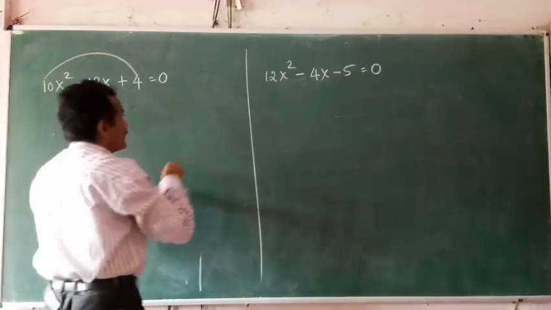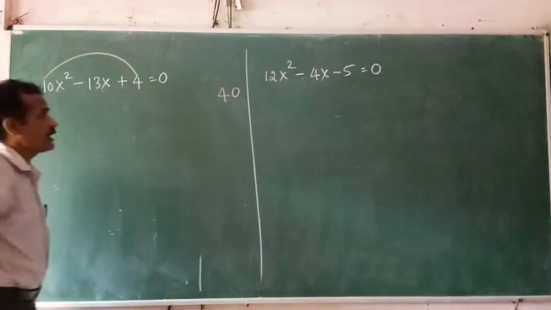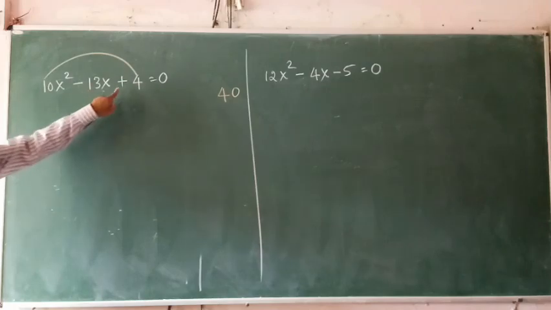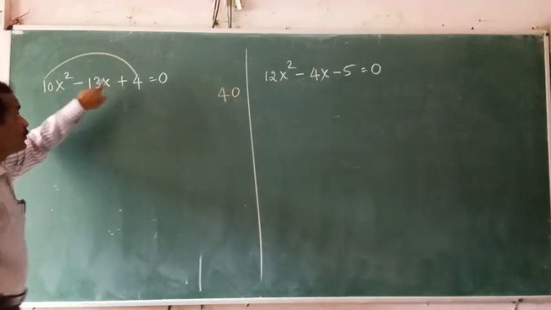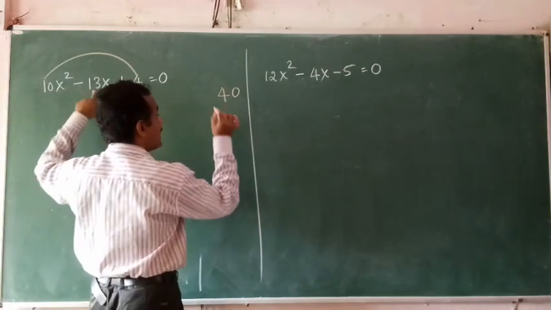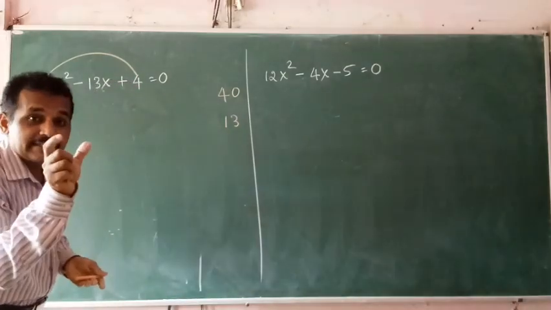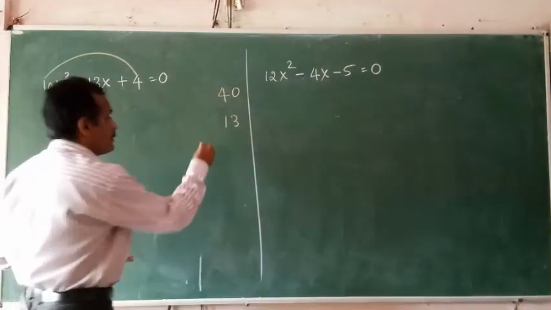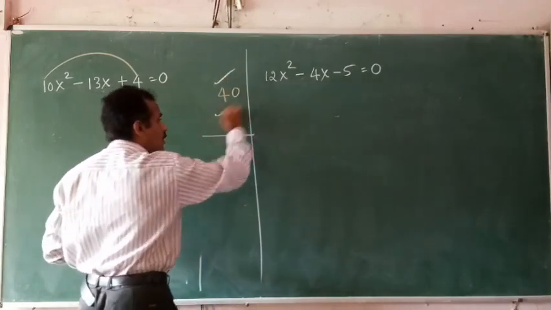On multiplying, you should get 40. And on adding, you should get 13. Add the middle terms. Don't subtract. On multiplying 40, on adding 13.